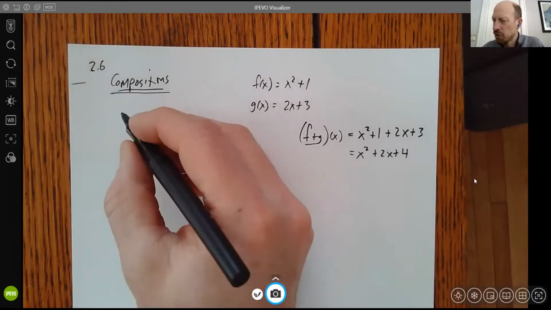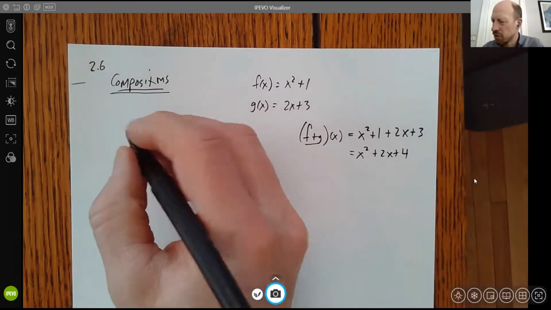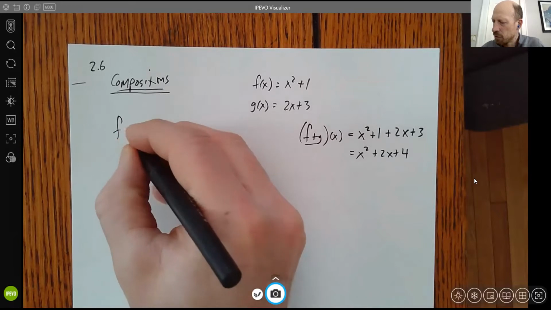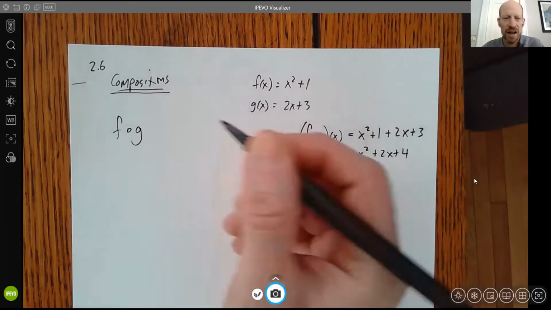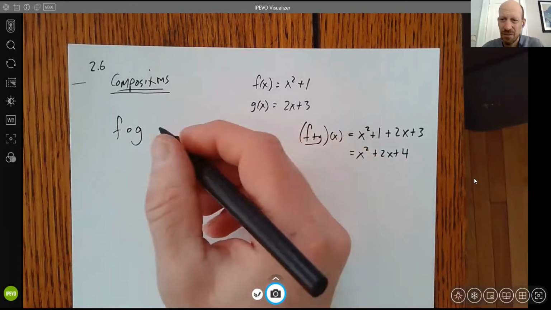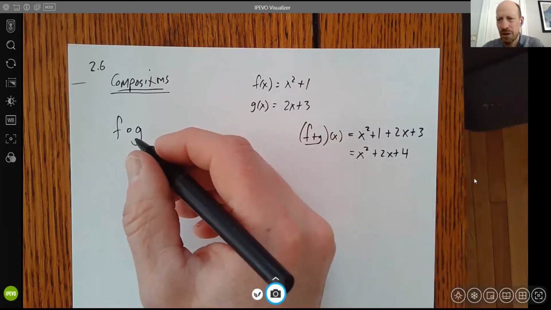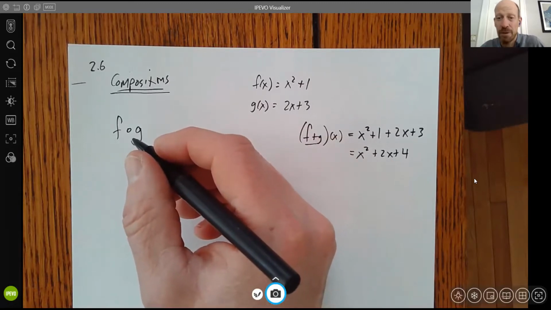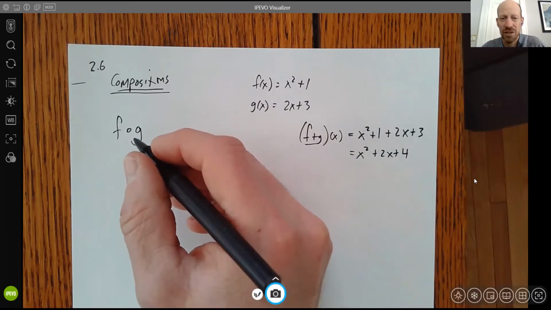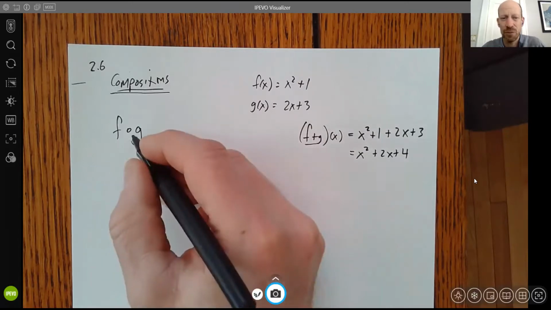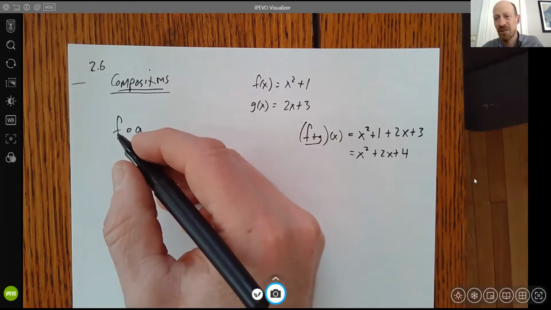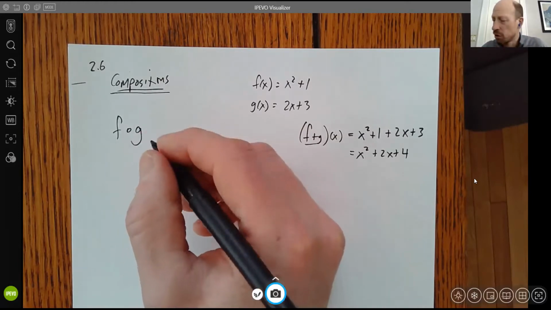And the symbol we use for composition is this little circle, right? So f composed with g, or f circle g, but composed is the right way to read that, not like f multiplied by g, right? This is not multiplication. This is something different. We already have another symbol for multiplication, the little dot, or the x. This is an open circle.